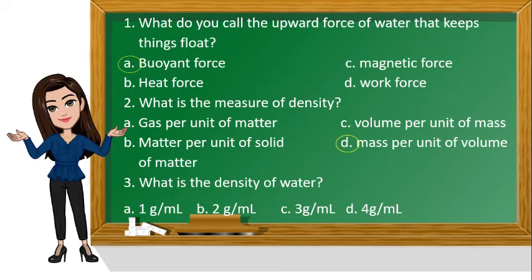Number 3. What is the density of water? Letter A, 1 gram per ml. Letter B, 2 grams per ml. Letter C, 3 grams per ml. And letter D, 4 grams per ml. What's your answer?